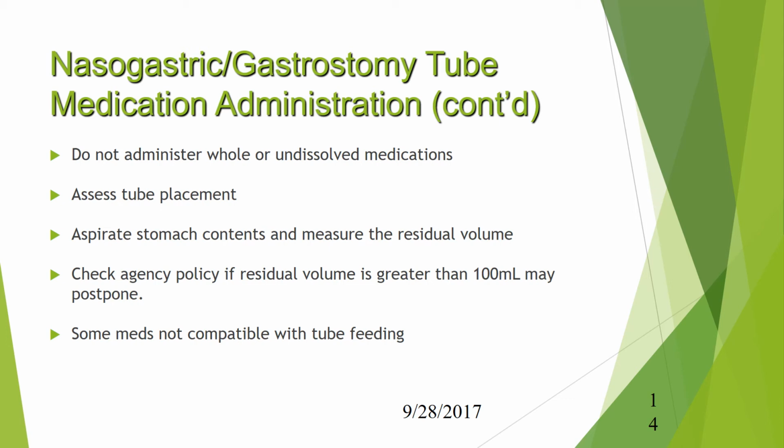So you need to check your agency policy. Some say that if it's greater than 100, you may cut the tube feeding off for an hour and recheck. But if it's not going through peristalsis down the GI tract, in a minute it's going to start coming out the mouth. So you don't want them to vomit because they can aspirate.